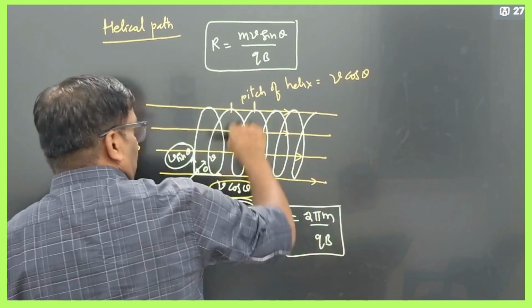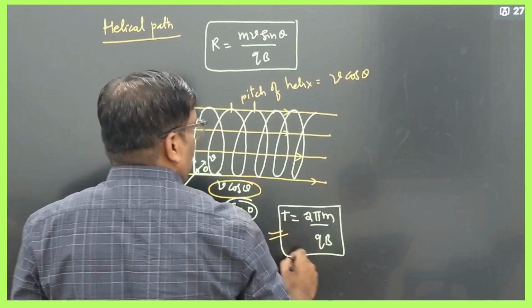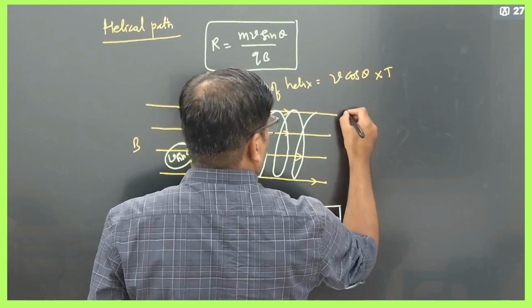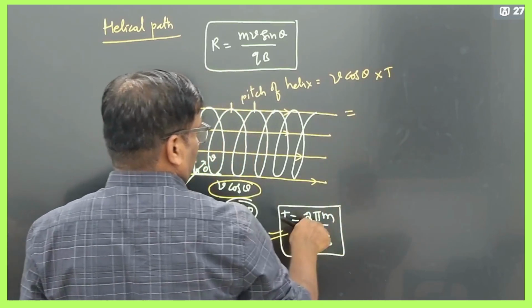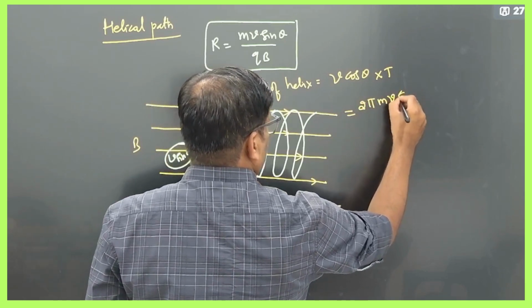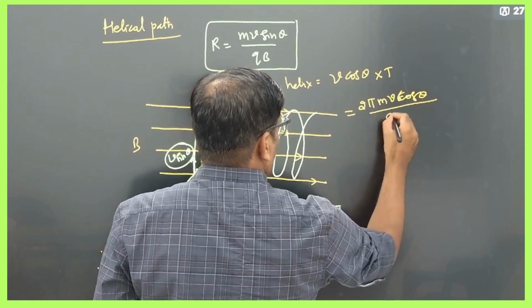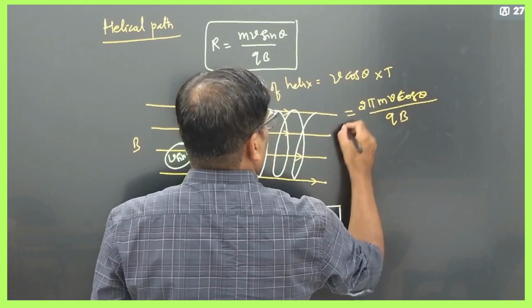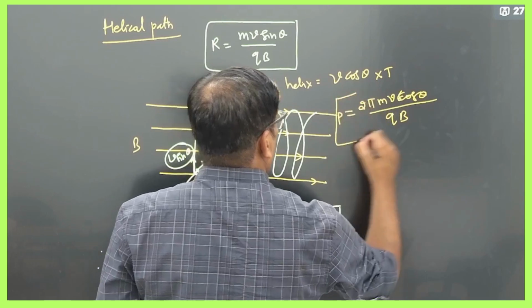So it is v cos theta into the time period, which is the time taken to complete one circle. Therefore you can write 2 pi m into v cos theta divided by qB. This is your pitch of the helix.